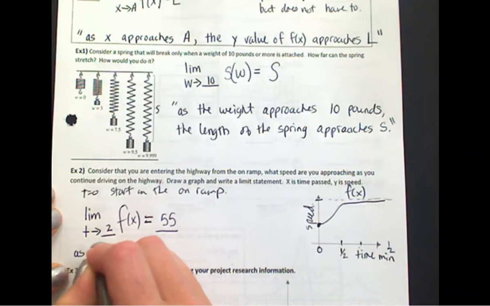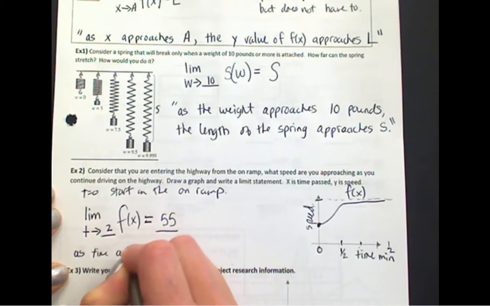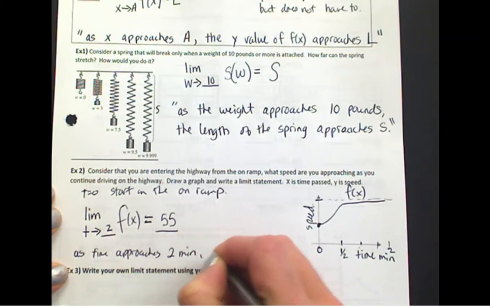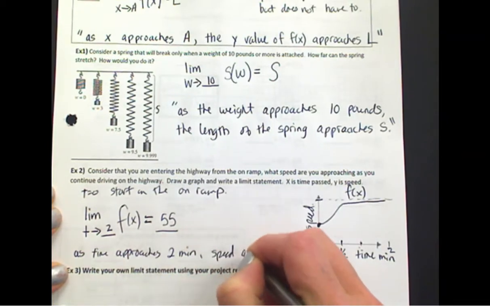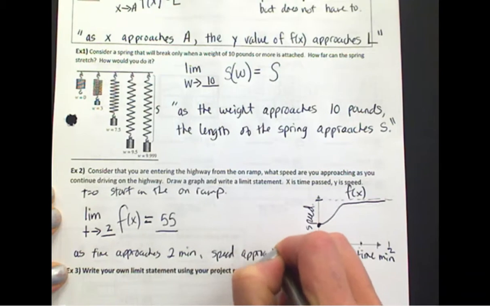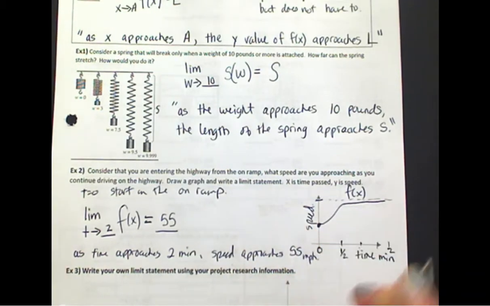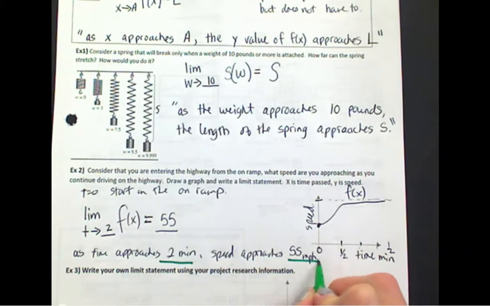It is approaching because you're doing a limit statement. As time approaches 2 minutes, speed approaches 55, we'll say, miles per hour. This is your X coordinate. This is your Y coordinate.